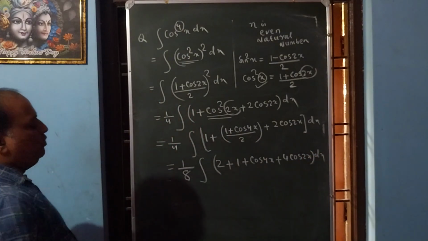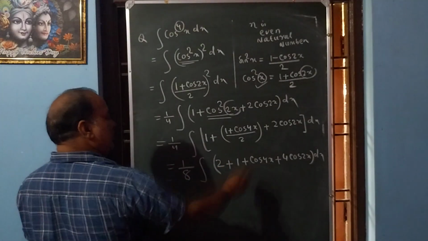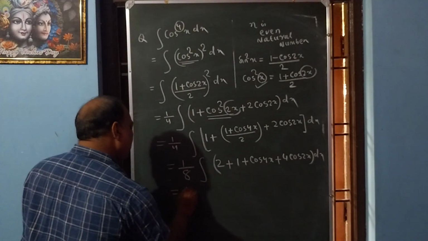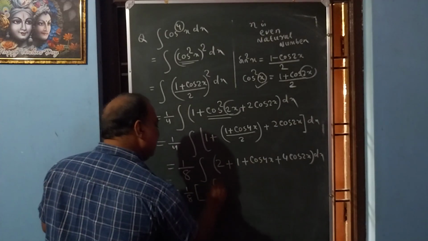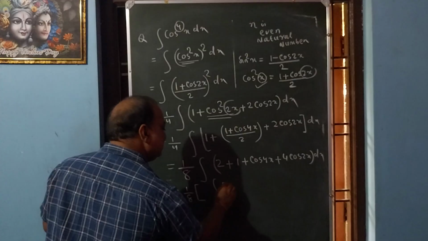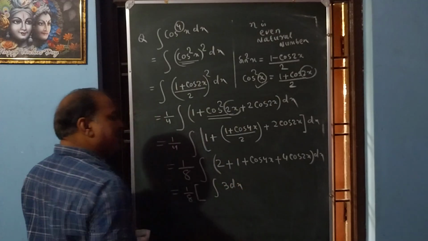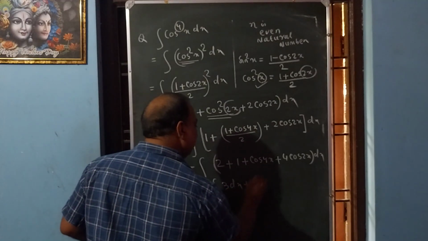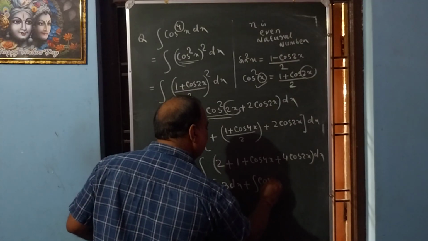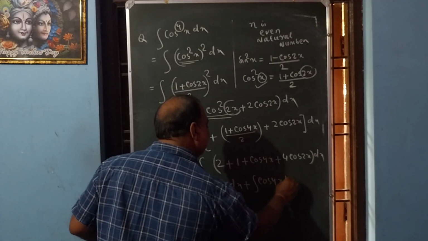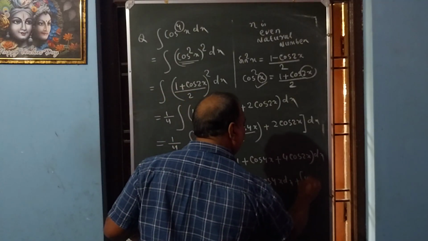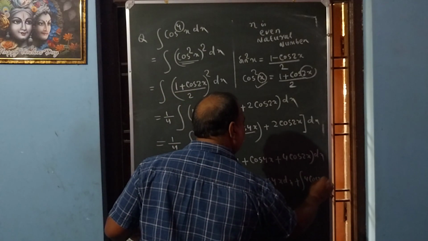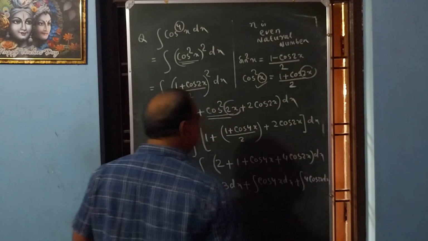Okay, now 2 plus 1, that will be 3. So write down 1 by 8 integration of 3 dx plus integration of cos 4x dx plus integration of 4 cos 2x dx.